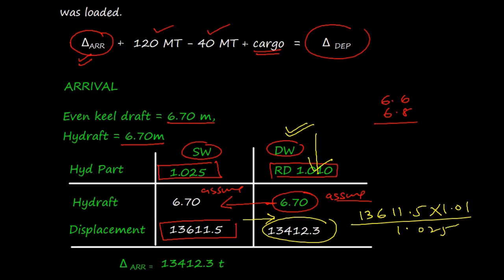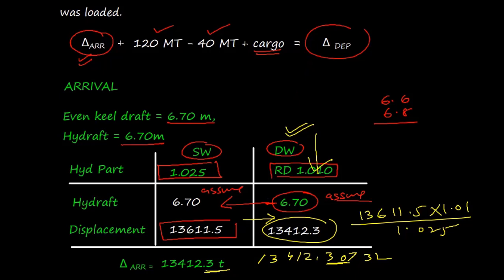Remember, for approximation for turn, one decimal place is good enough. The actual value is 13412.307. So, sir, we can take 0.31 also. If you want to take two places, take 31. But you see, the standard we are making for turn, we are taking one decimal place.